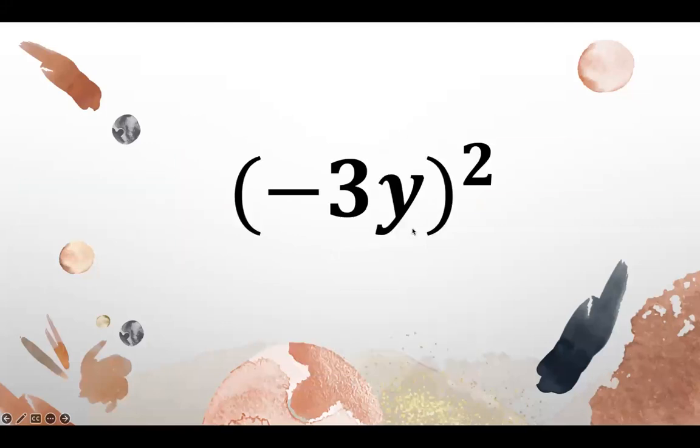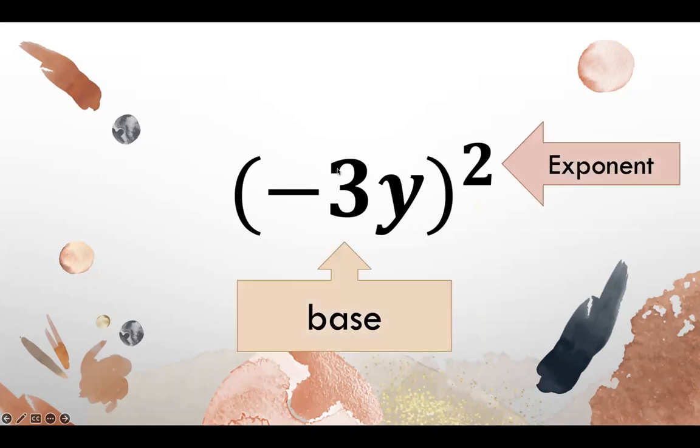Okay, another example. The quantity of negative 3y squared. So here, the exponent is 2, and our base is negative 3y. It is because it is enclosed in a parenthesis, and negative 3y should be multiplied twice.